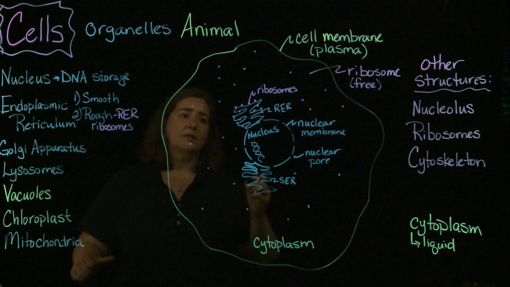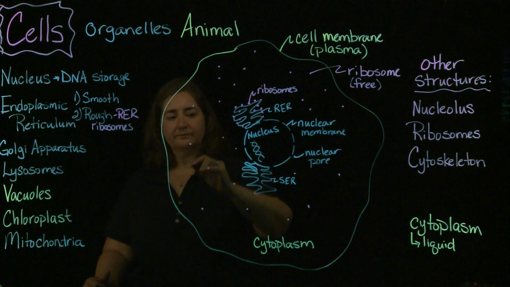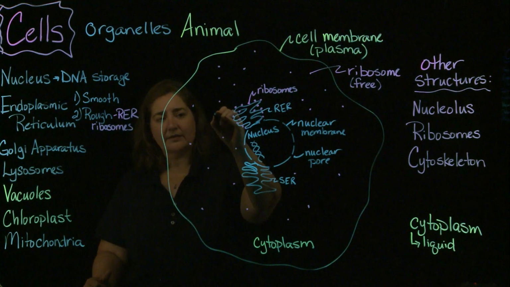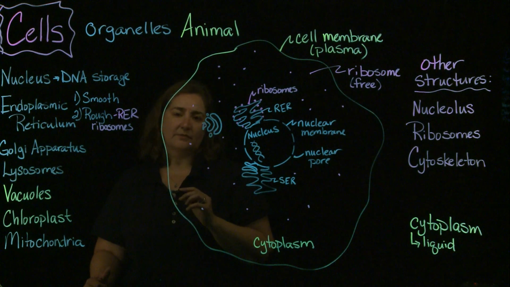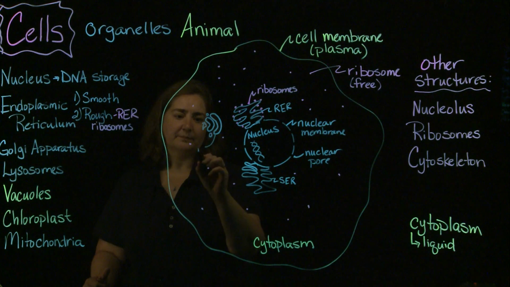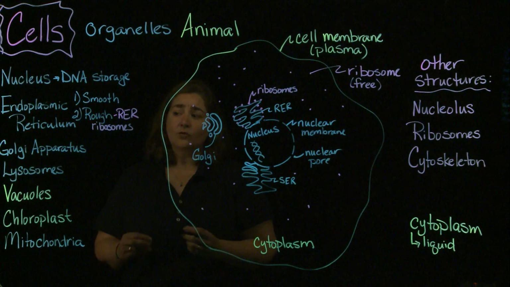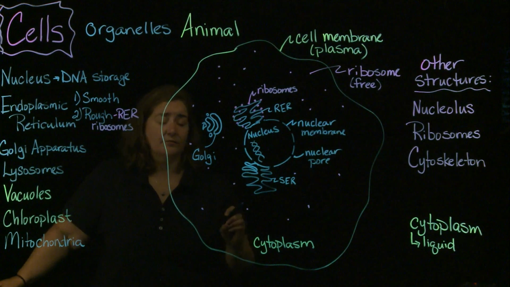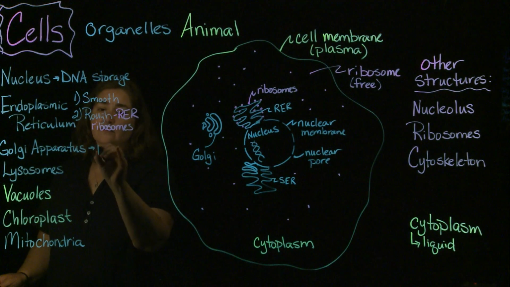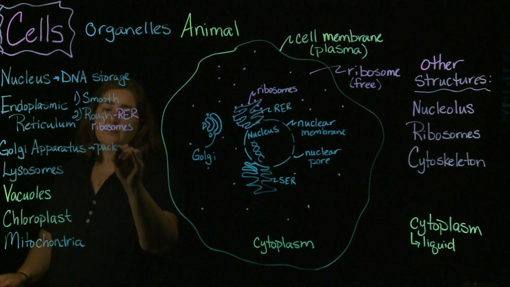The next one that I'm going to talk about is going to be our Golgi apparatus. And the Golgi apparatus kind of looks like a stack of flattened pancakes. And that Golgi apparatus, as far as its function within the cell, is going to be in packaging.